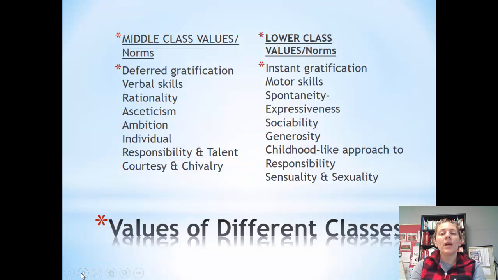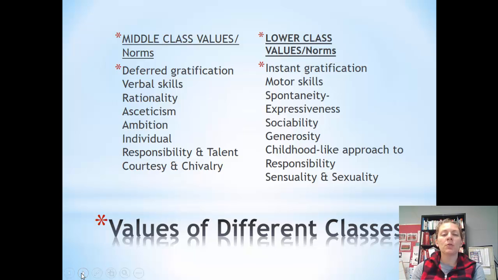All right, now class matters, okay, because with class you have a certain set of norms and values that go with those. And we talked about Ruby Payne's studies in the 3 major classes, so the upper, middle, and lower class. Some things common for our middle class, this would be upper and lower middle class: deferred gratification, okay, being able to wait because something good will happen down the road.